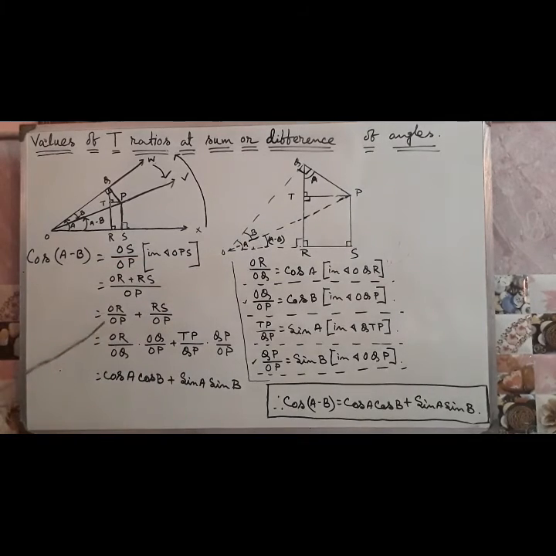Then OR by OP plus TP by OP, this OR by OQ into OQ by OP plus TP by QP into QP by OP. Then these are the values for these four ratios. After getting these values, by putting them, we will get cos A minus B is equal to cos A cos B plus sin A sin B. The calculation is the same as the previous, you see.